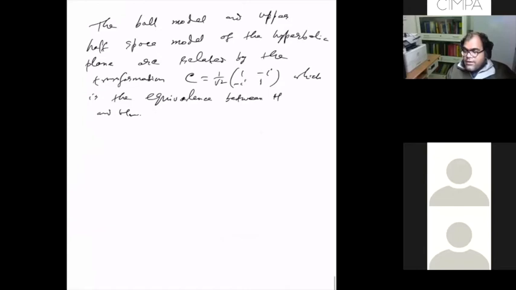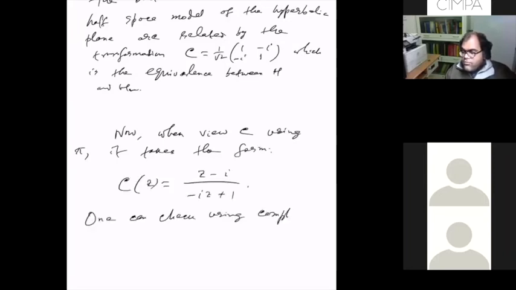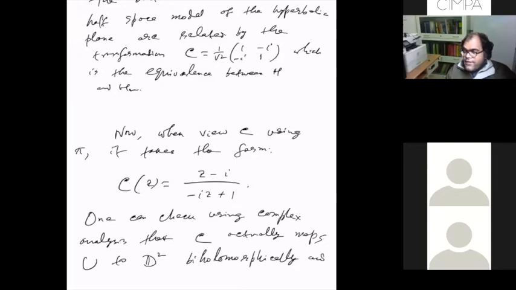One can check using complex analysis that C maps U to D2 biholomorphically, and also respects the respective metrics.